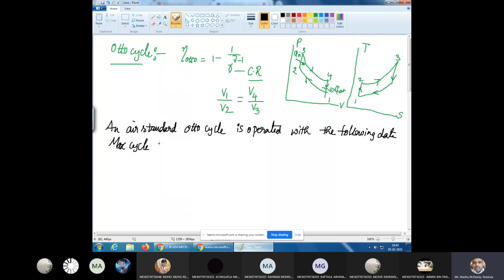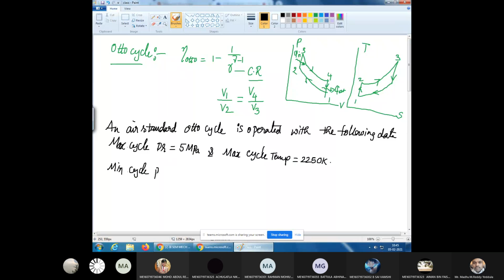Maximum cycle pressure is equal to 5 megapascal, maximum cycle temperature is equal to 2250 Kelvin, and minimum cycle pressure and temperature are also given. Minimum cycle pressure is equal to 0.1 megapascal and minimum cycle temperature is equal to 300 Kelvin.